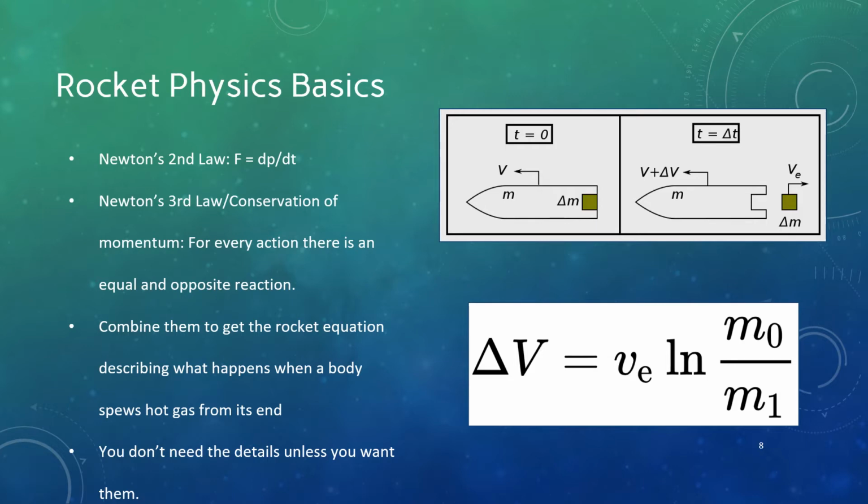So for momentum to be conserved, the rocket itself also has to gain momentum in the direction it's going, because you've got the exhaust gaining momentum in the backwards direction, so therefore the rocket must gain momentum in the forwards direction for the net momentum of the system to stay constant. The system being the rocket and the exhaust.